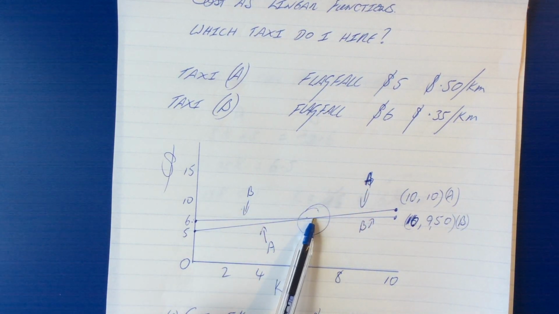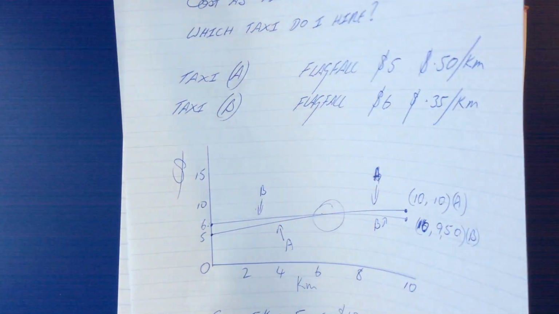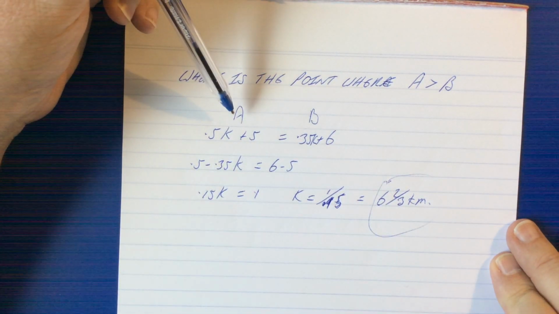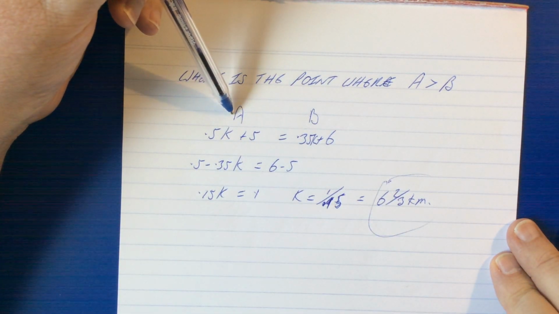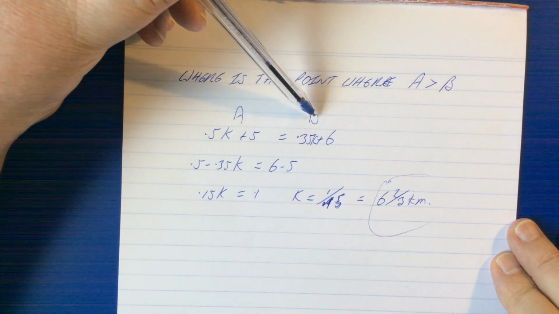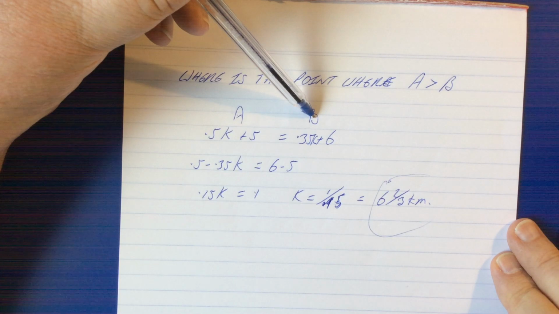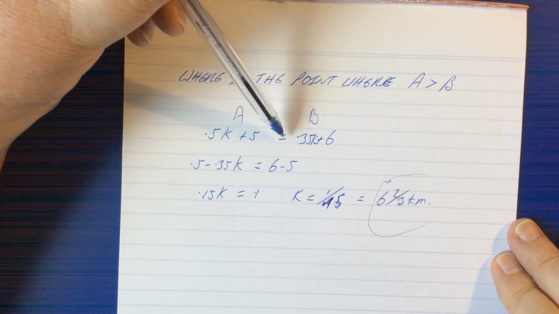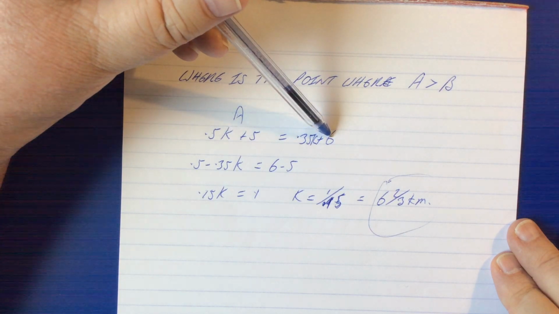So we're interested in what this point is. To the right of this point, A is greater than B, more expensive than B. So what do we do? A small simultaneous equation. We make A equal to B. It is equal to B where 0.5k plus 5 equals 0.35k plus 6.